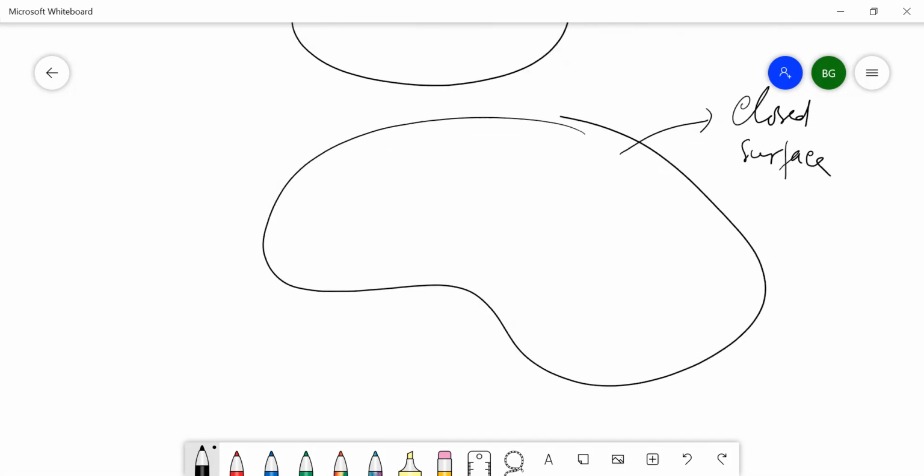Then you have, for example, this Q here, and this Q has an electric field passing through the boundary of the surface.